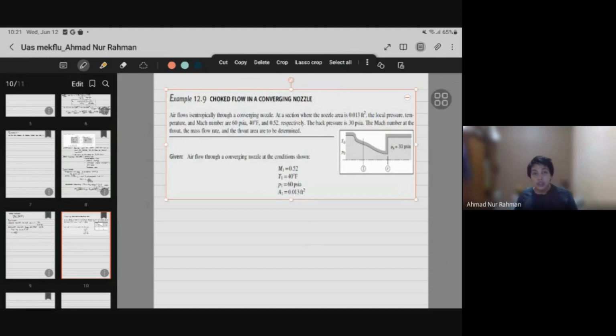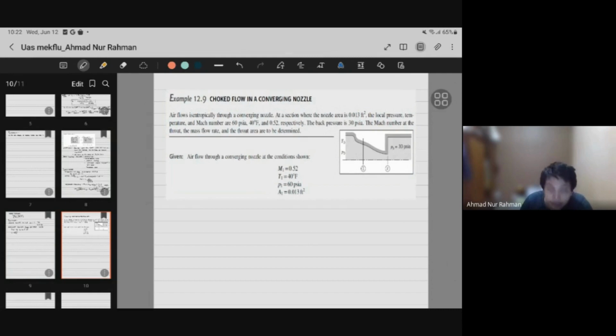So from this, we need to find, from the intention, we begin using the identification. The intention is to find the Mach number at the throat, the mass flow rate, and the throat area. Find the Mach number at the throat.